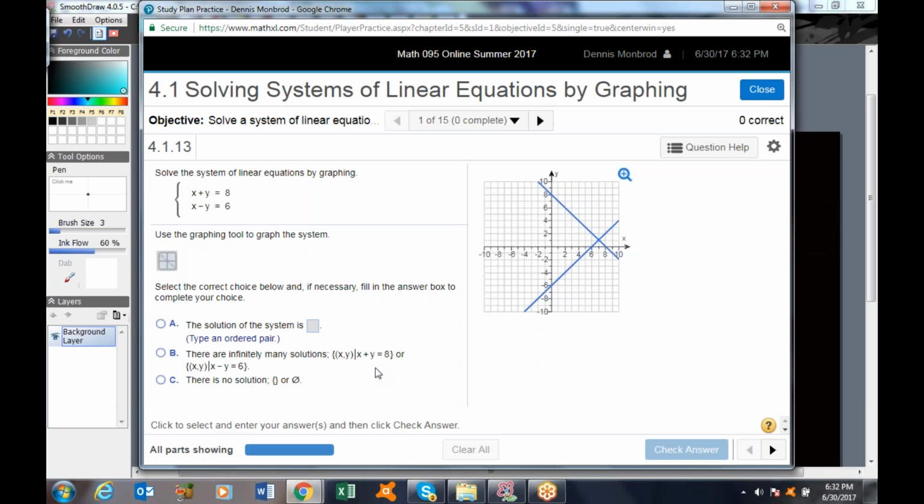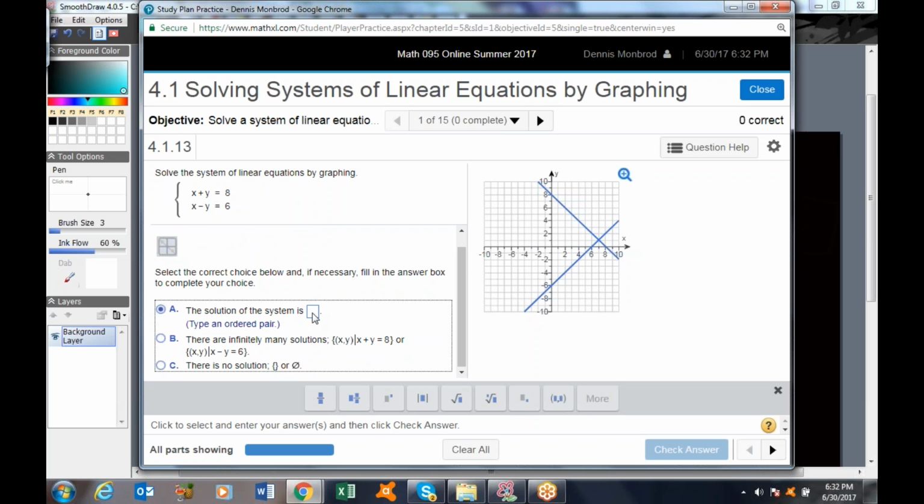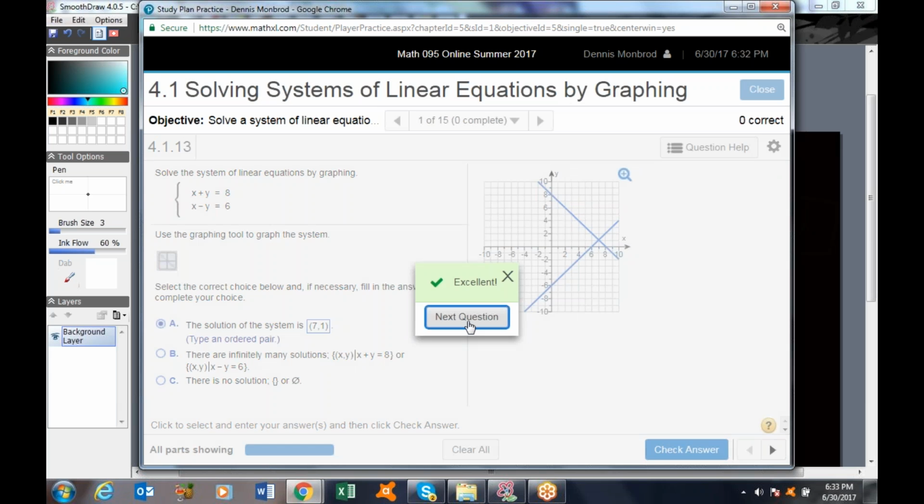Now, the solution, again, is going to be that ordered pair, 7, 1. So we'll have to type that in, 7, 1. Okay, solutions to these equations are ordered pairs. And the solution to a system is an ordered pair. Okay, so 7, 1. And I'll check that. Okay, looks good.